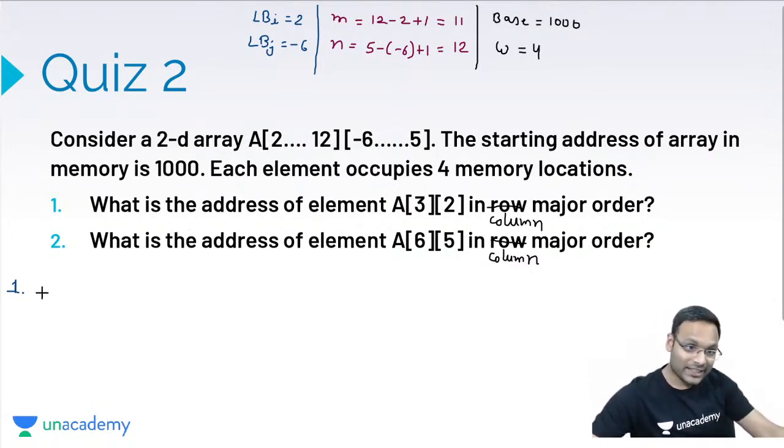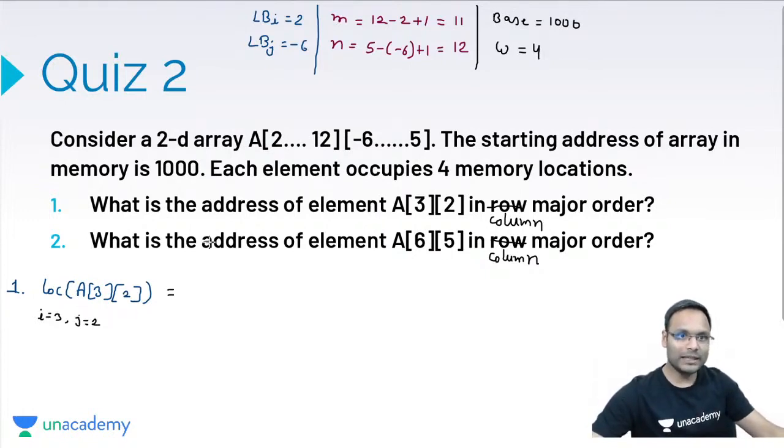First one, let's calculate this. Location of A of I, j: 3, 2. Here I is 3, j is 2. What should be the answer?